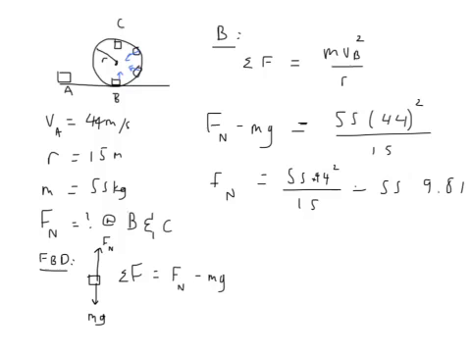And what do we get as our answer when we plug this into the calculator? We get the normal force at point B being equal to 7,638 newtons. Okay, now we're going to find the normal force at point C.